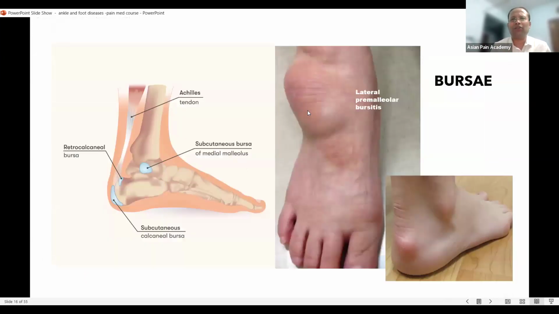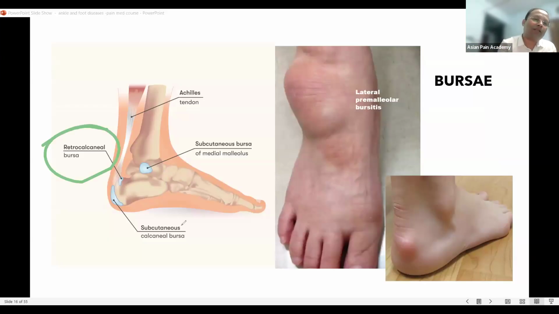There are some bursae. The premalleolar bursa, so this is called lateral premalleolar bursitis. This bursitis is at the subcutaneous level. Another is medial, so the same thing can happen on the medial side also, medial premalleolar bursitis. And the most important bursa in the ankle area is the retrocalcaneal bursa, the deep retrocalcaneal bursa.